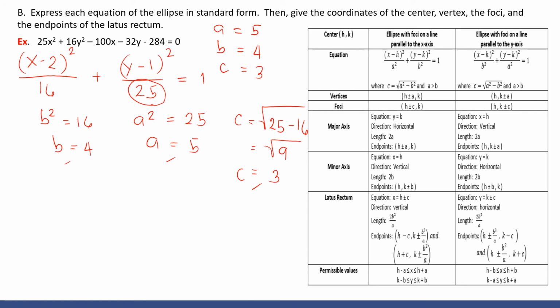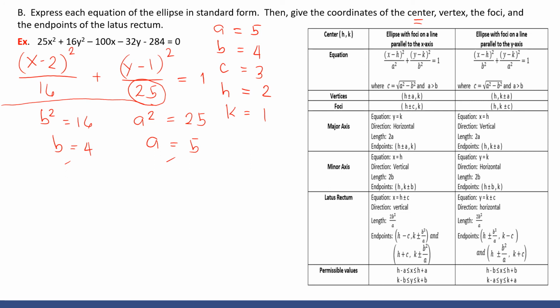Now, with this equation, what is our center? What are the coordinates of our center? H, so we have here x minus h. So it turns out our h in this equation is 2. And then what is our k value? So y minus k. Obviously our k here is 1.